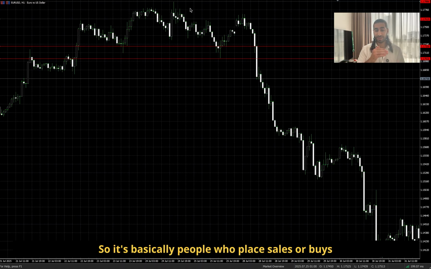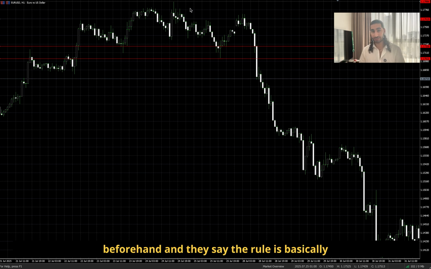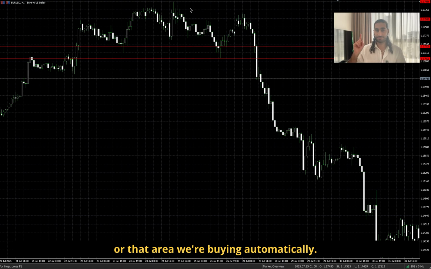So it's basically people who place sells or buys beforehand, and they say the rule is basically if the price is reaching that level or that area, we're buying automatically. Or they might also place market orders, which is fine.